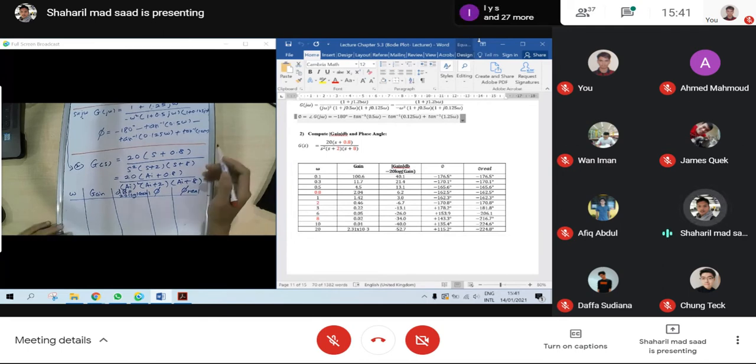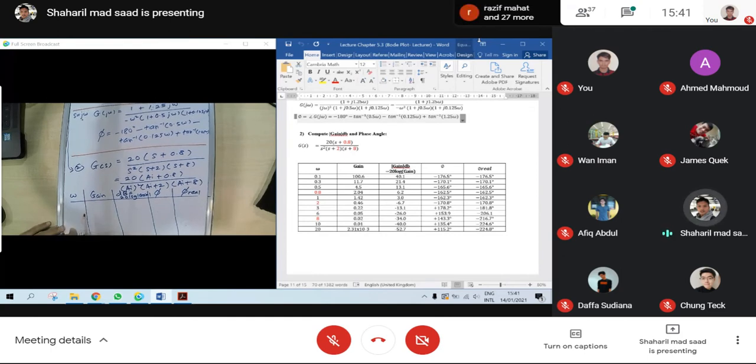Right now, what is this value? This value depends on your G(s) here, 20(s plus 0.8), this one and this one. Omega we start from 0 to infinity.